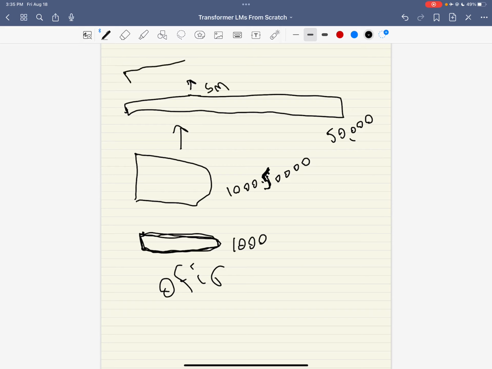That's going to return a vector of 50,000 floats, but this time they're all going to be between 0 and 1, and they're going to sum to 1, which means that this vector right here is a distribution. And so that's our super basic language model. It gets in a word, and it returns a distribution over the next word.